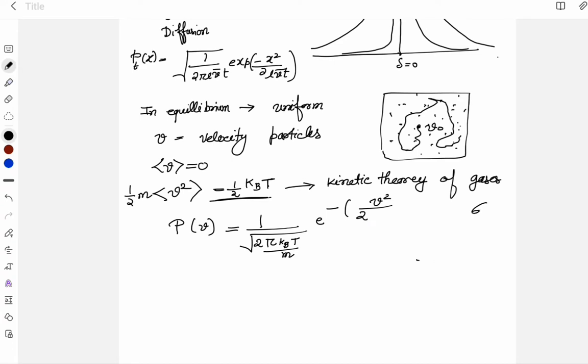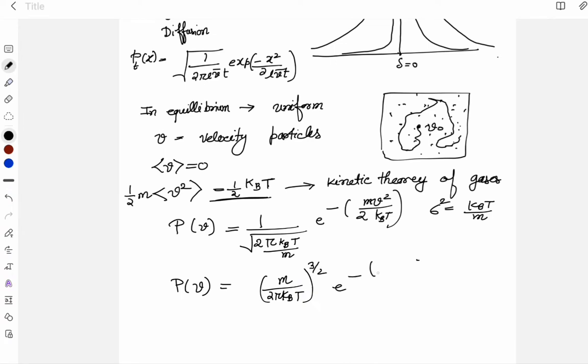So sigma square for our case is kBT by m, giving exponent minus m v square by 2 kBT. For the 3-dimensional case, this is simply m over 2 pi kBT to the power 3 by 2, exponential minus m v square by 2 kBT, and here v square is vx square plus vy square plus vz square.